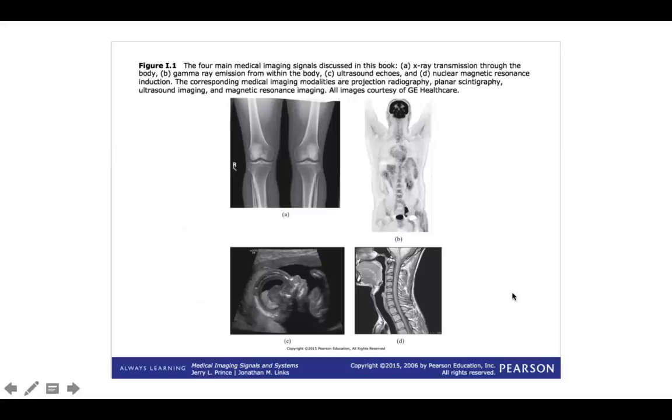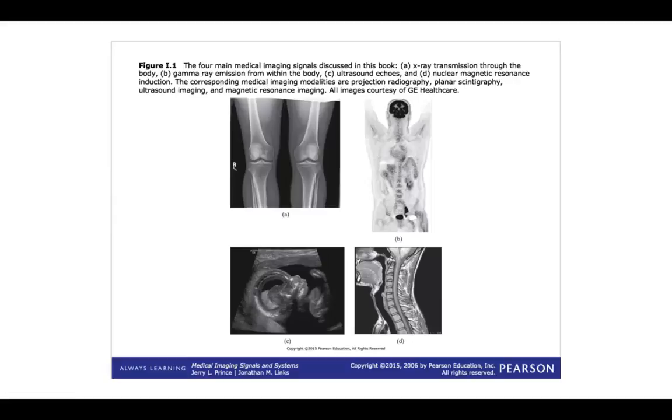The figure here shows just pictures of different kinds of images. This first one, A, is basically just an X-ray transmission. B gives you an indication of gamma ray emission from the body, so this would be like a PET type scan. C is an ultrasound. Ultrasound has become much more detail oriented than it used to be.